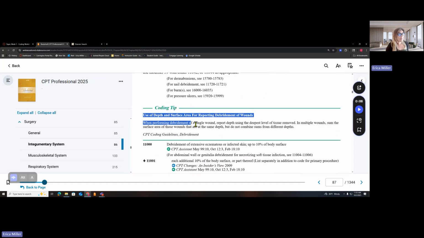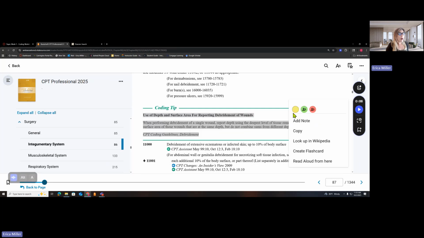Again, you're also going to have extra guidelines. Always read these, right? This is really important because this is what takes you from being a basic coder to next level, right? For example, if you've got multiple wounds that have to be debrided, the code book is saying, hey, if you're doing debridement of a single wound, we want you to report the depth using the deepest level of tissue. So let's say I've got an arm road rash.